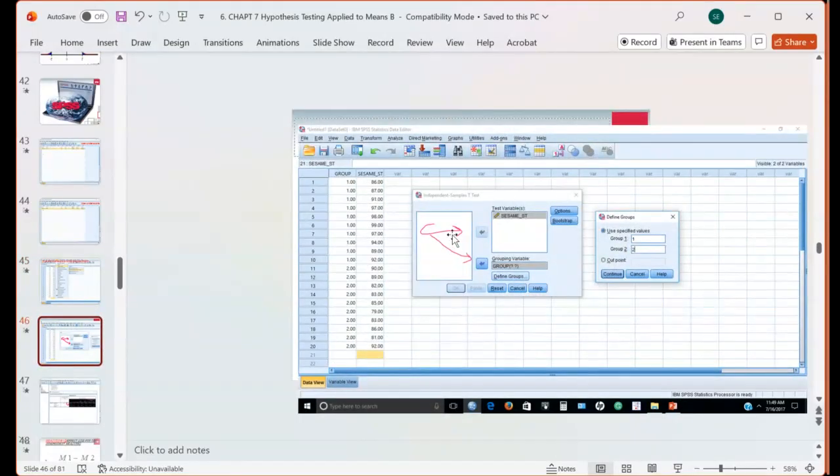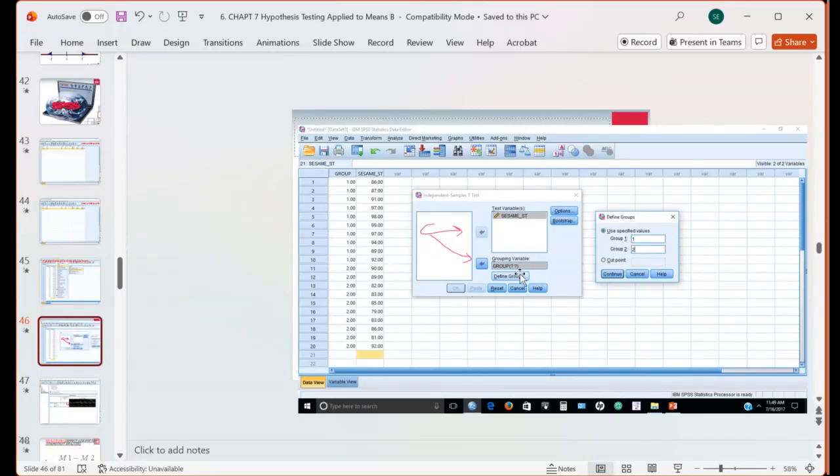What you need to do is move Sesame to the right where it says test value, and then move the group to the bottom one where it says group. Then you see the question marks under the group.